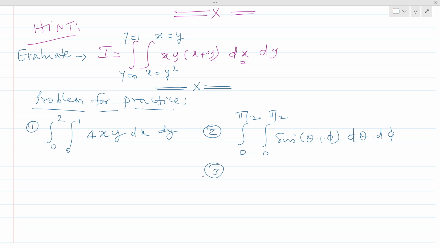The third problem is integral over 0 to pi, integral over 0 to sin theta, r dr d theta.